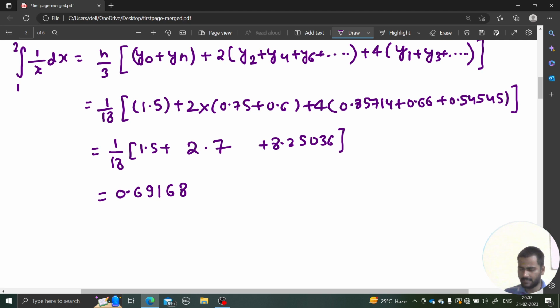It's accurate up to 2 decimal places but not afterwards. How many decimal places have they taken? 4 decimal places. Okay, I don't think so, so leave that. 0.69168 is what we have got by Simpson's 1/3.